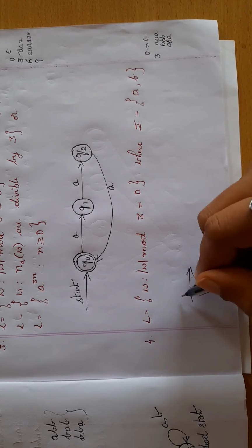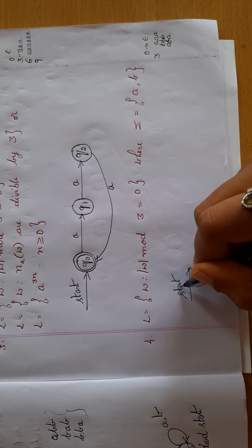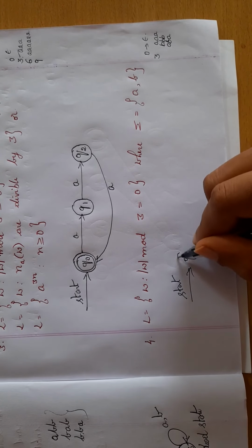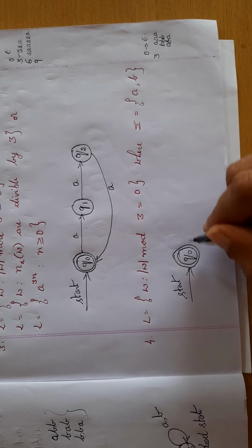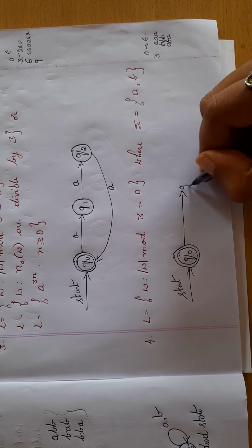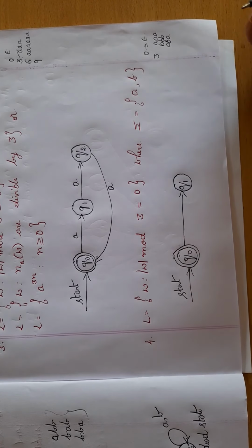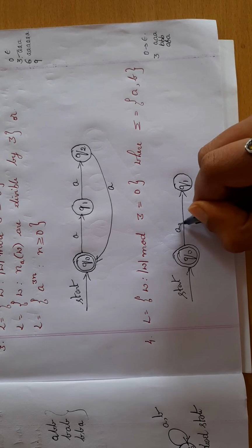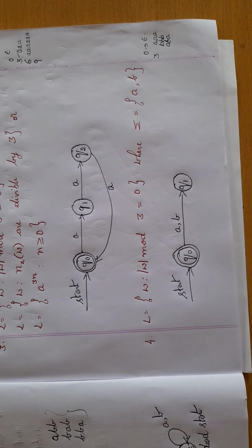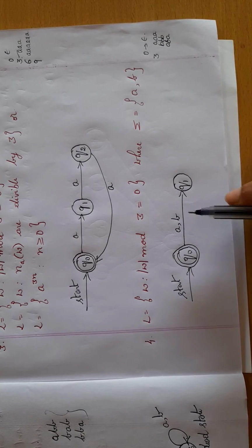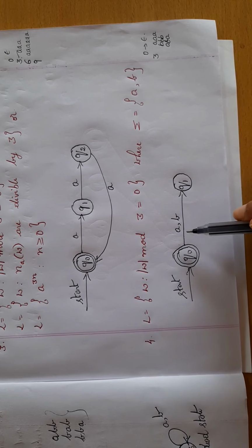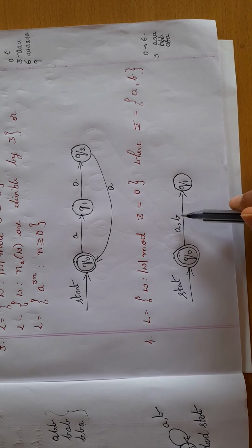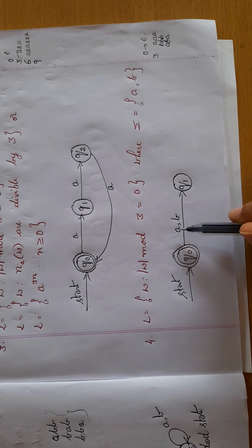The same DFA, that is, start. The first state itself is the final state since I have 0. Then I'll go to the next state Q1. Here I can have any combination, so I can have either A or B. When you write like this, please remember that when you move from one state to another at a time, it will read either A or B. It will not read both at the same time.